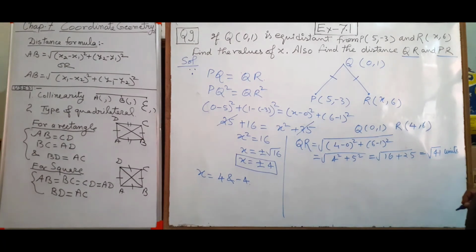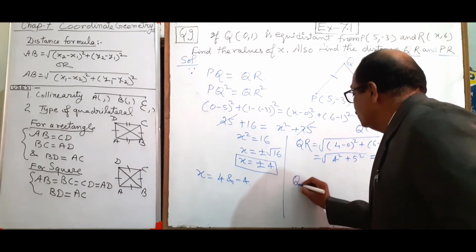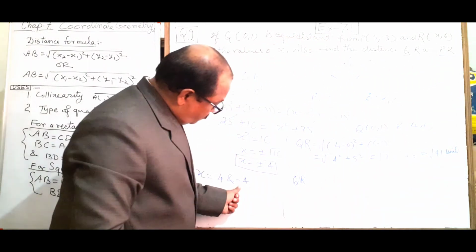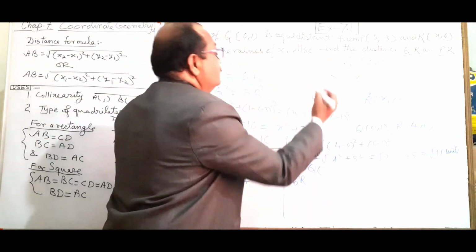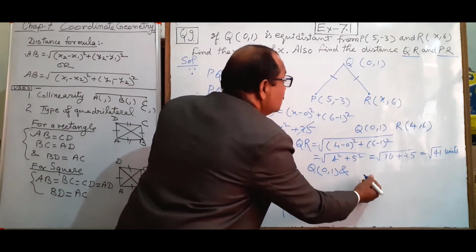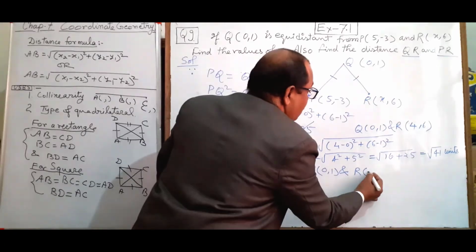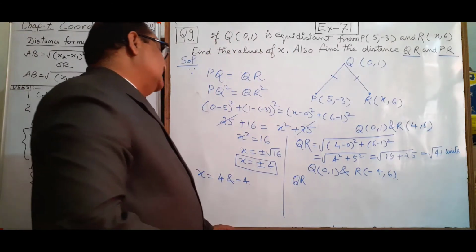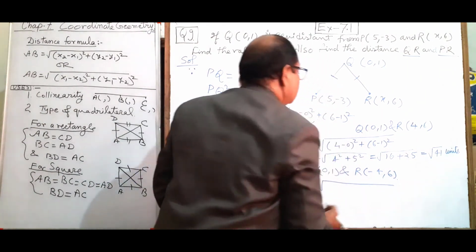Now one more value you can get of QR, when the value of x is minus 4. So Q point is the same (0, 1) and you can write here point R is now (minus 4, 6). So again you can get the same distance QR.